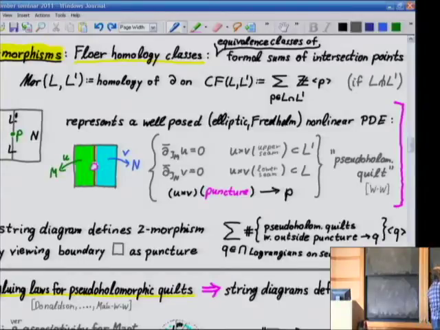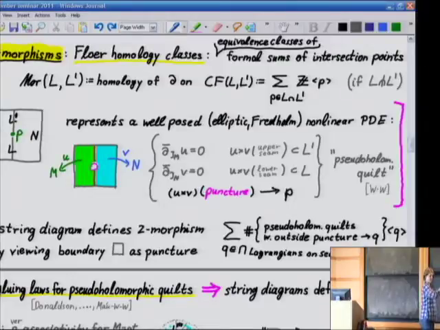And again, we knew this for a while, that this is an okay, in some sense, elliptic PDE, or an elliptic, it's not a boundary condition, it's an asymptotic, it's a well-posed asymptotic condition for holomorphic curves. So, all right, now we've turned all the string diagrams into somewhat okay PDEs.